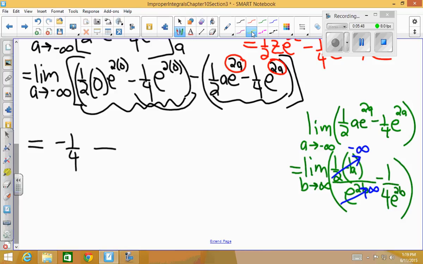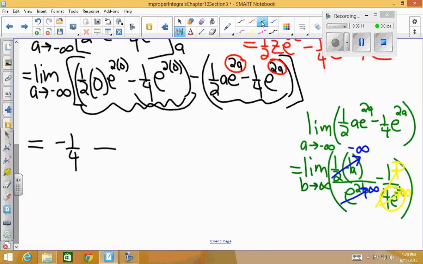On this other term, b is getting closer to infinity, which means this whole denominator is getting closer to infinity. And if you take 1 divided by something that's getting closer to infinity, the whole thing gets closer to 0. So that term just simply goes away. Now we need to deal with this other term where we have an indeterminate form.